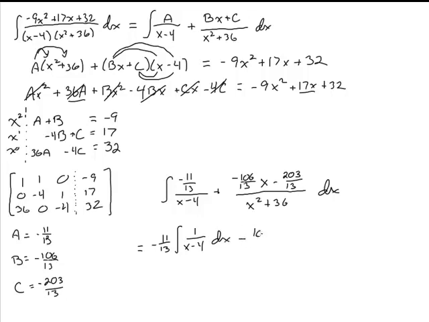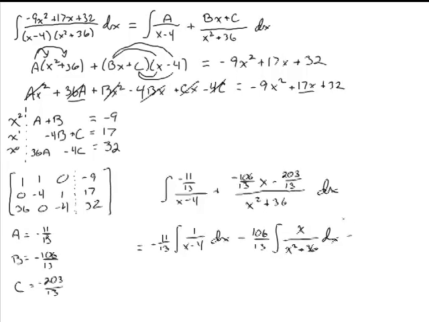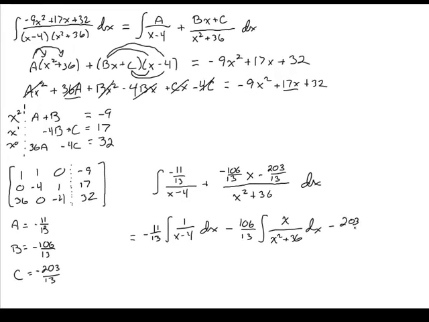So minus 106/13 times the integral of x over x squared plus 36 dx. So that's taking this first part of the fraction. And then we'll have the second part, which will have this messy constant. So 203 over 13. It's still going to be minus because of the negative. And now it'll be 1 over x squared plus 36 dx. Okay, now we're going to work on each of these separately.